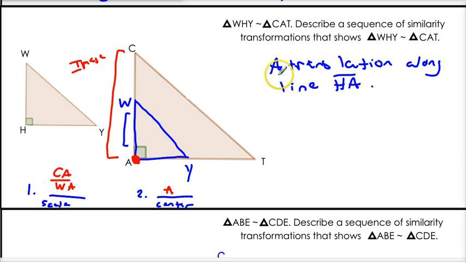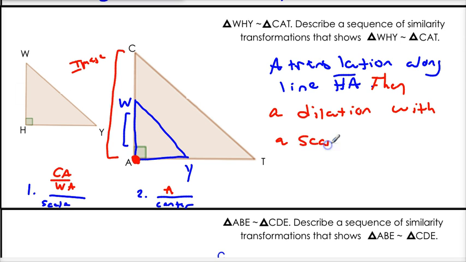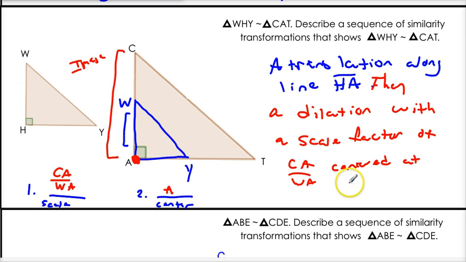So now we could keep writing. So first a translation along line HA, and then a dilation with a scale factor of CA over WA centered at point A maps triangle WHY onto triangle CAT.